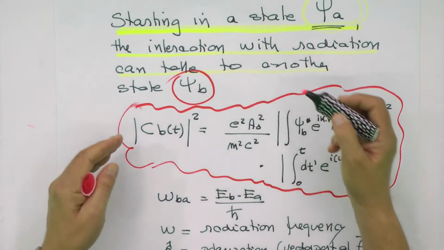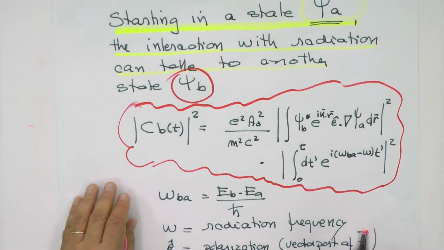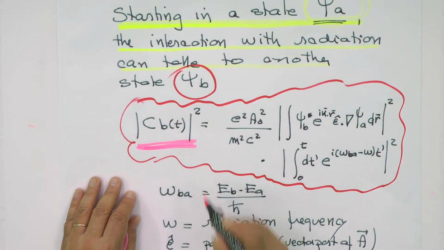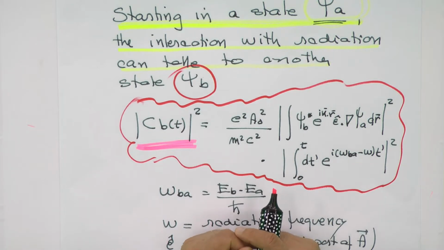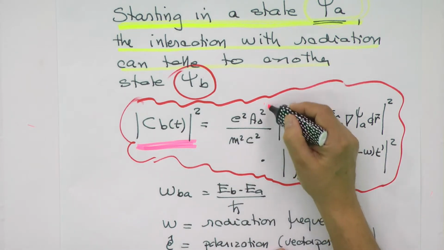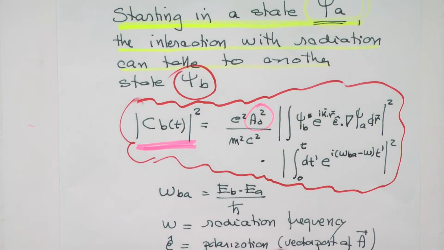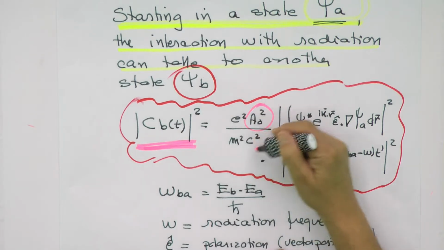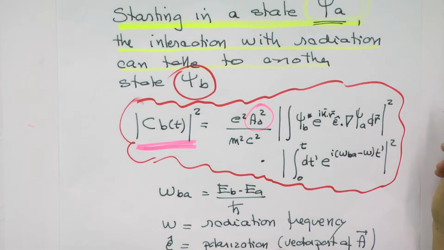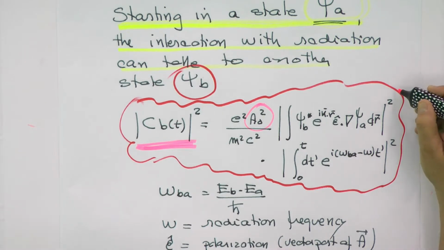And if we do this procedure correctly, we find that CB squared, for any instant of time, is given by this. It depends on the amplitude of A, which is the intensity of light, on those constants, which are the electron charge, electron mass, and the speed of light, and on this integral.